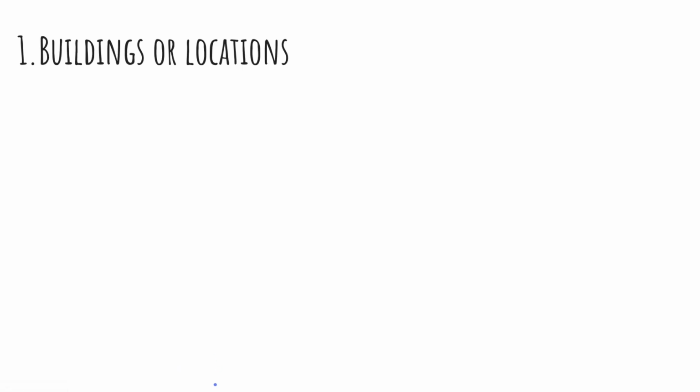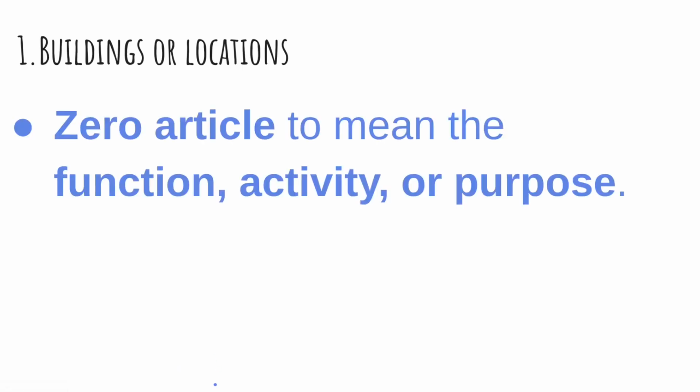Let's begin with the first major case where the zero article is used with singular countable nouns. And that is when we're talking about the purpose or function of a place or thing, not the specific physical building or object. Now, this may sound subtle, but it's an important distinction. In English, when we use certain nouns to talk about their intended use or purpose, we drop the article. This is what we call the zero article.